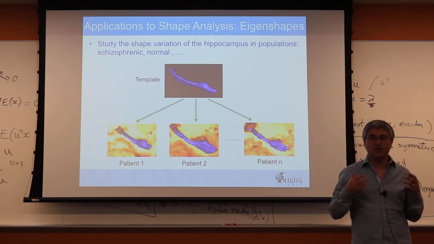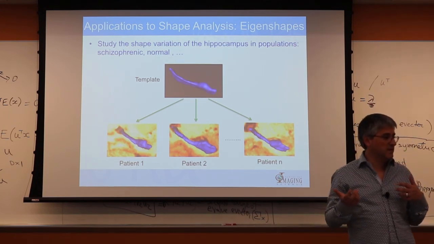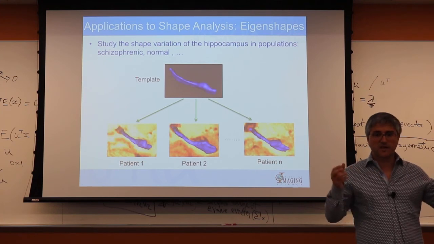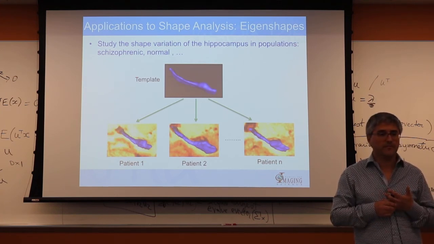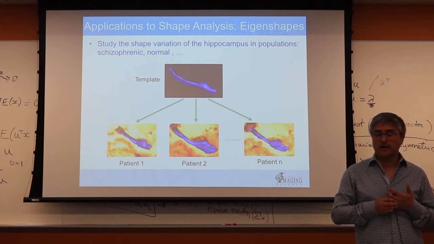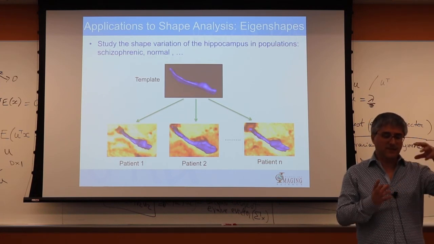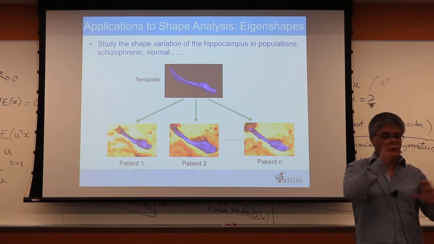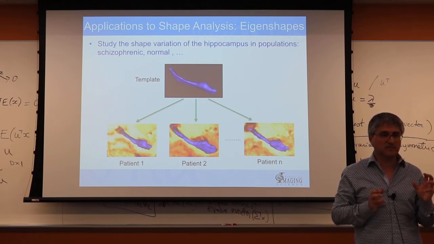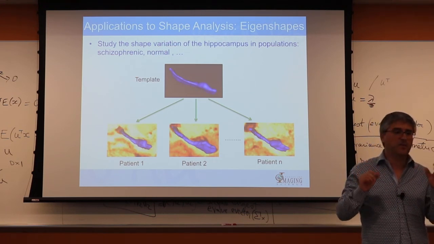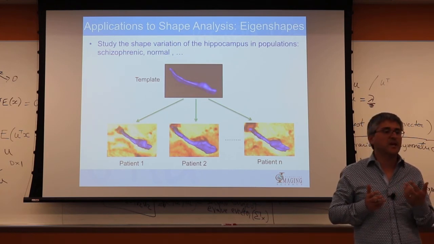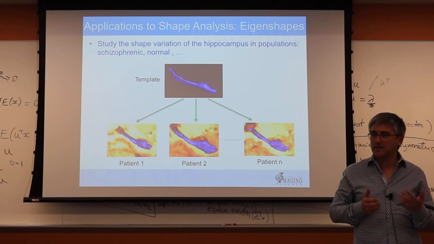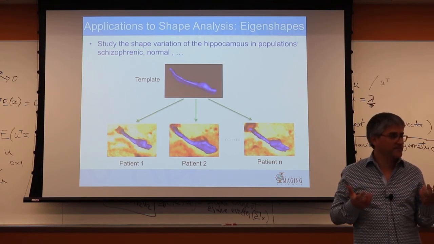So effectively, now my data, instead of being images of faces, is 3D shapes of the hippocampi of a number of patients. Now again, if these things are not very well registered and they're all over the place, which is the same thing as having pictures of me with my head all over the place, I already told you that PCA would probably not be a good idea, because it's not linear.